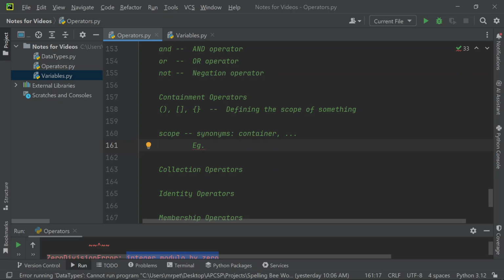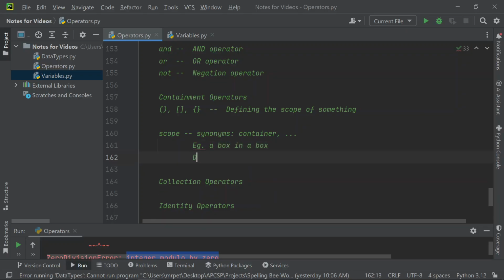So scope is a box in a box, but if we needed to define it, this is the set of program lines belonging to a single structure.